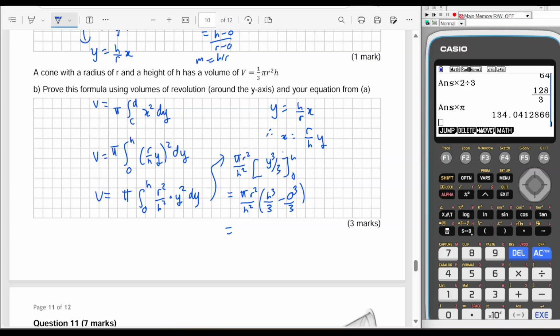So a lot of stuff is going to cancel out. So you're going to get pi r squared, well, that last bit 0. So h cubed over 3h squared when you times it all out. And then that is going to cancel out a little bit. So you're going to get pi r squared h over 3, which is the volume of a cone formula.